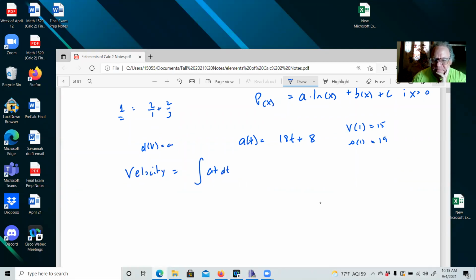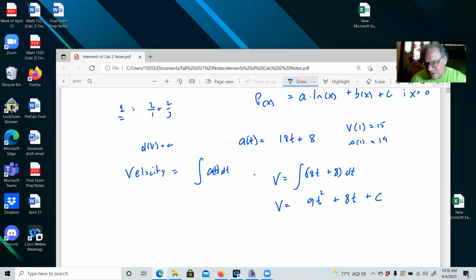So this is going to be v equals the integral of 18t plus 8 dt, right? And this is not so bad of an integral, is it? It's going to be 9t squared plus 8t plus our constant.